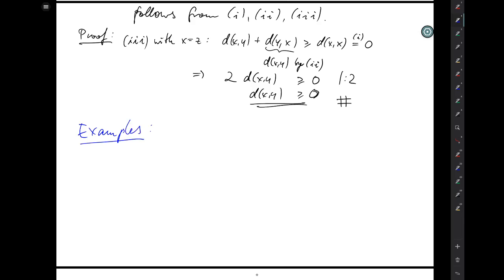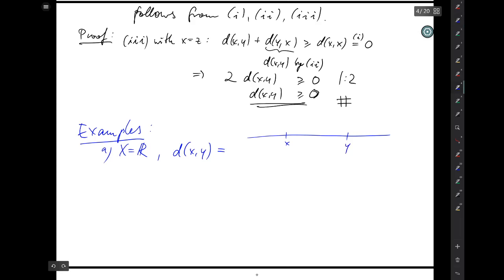Well, our first example should be the real numbers themselves. So you could take the set X equal to the set of real numbers, and the distance of two real numbers x and y is what you experience as the distance between 2 points x and y.